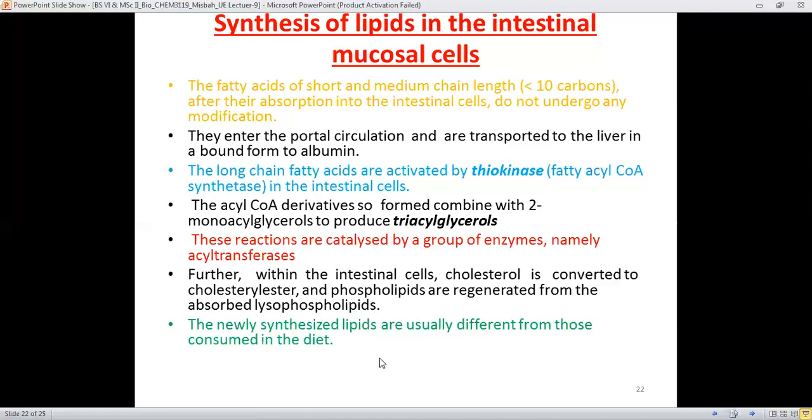And these newly synthesized lipids shouldn't be like the fatty acid which was initially absorbed. It means that this reunion may yield a variety of new fatty acids which were not part of one's diet.